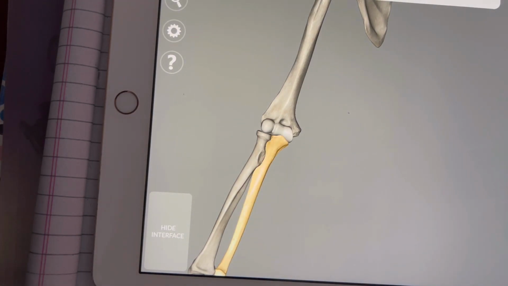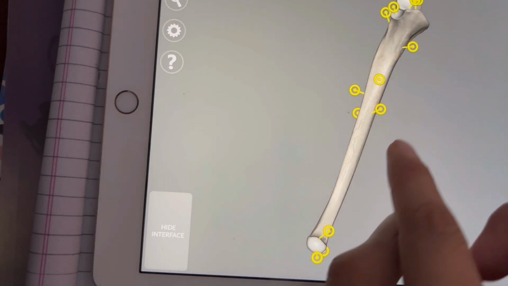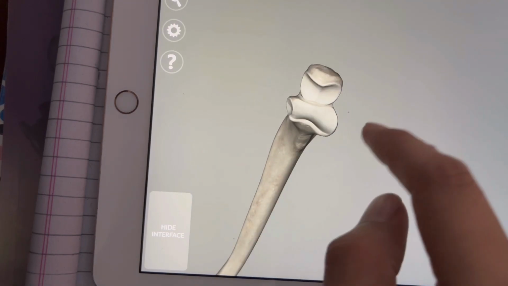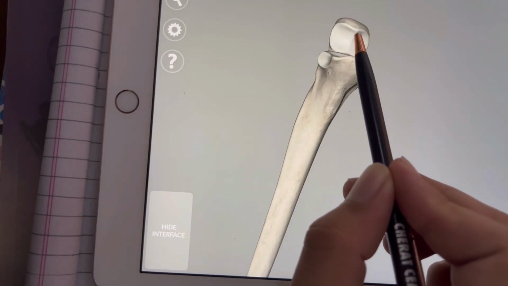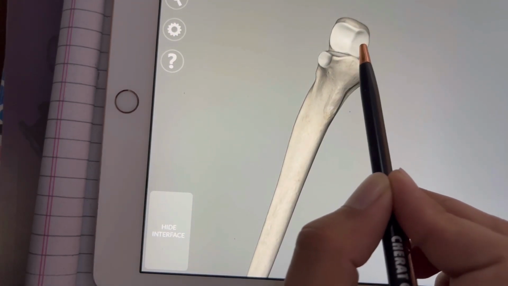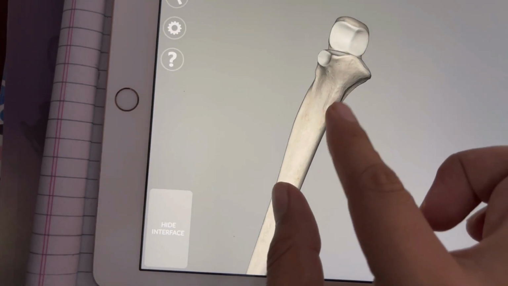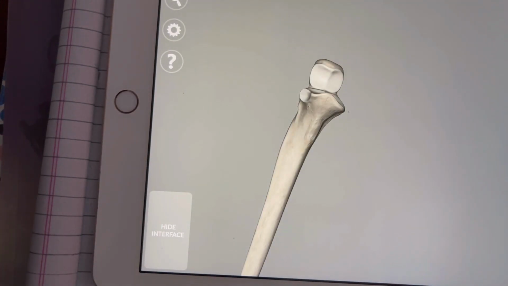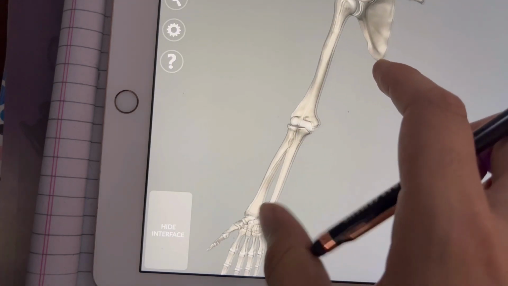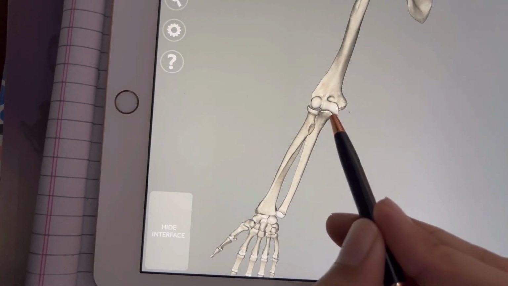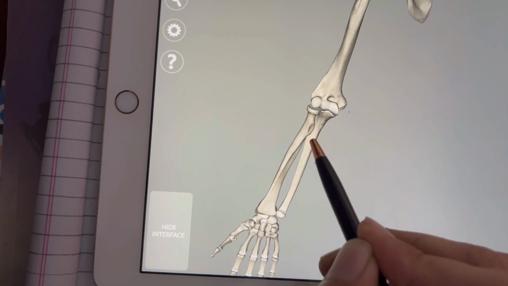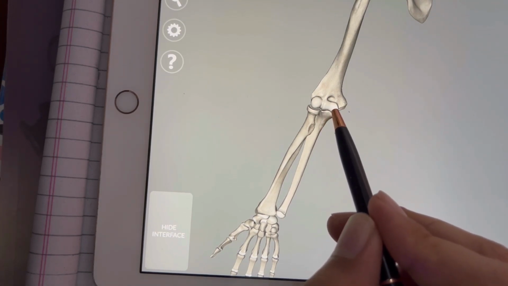This is the ulna bone, and as you can see, this is the trochlear notch. Here the trochlea articulates. So the trochlea articulates with the ulnar bone at the trochlear notch.